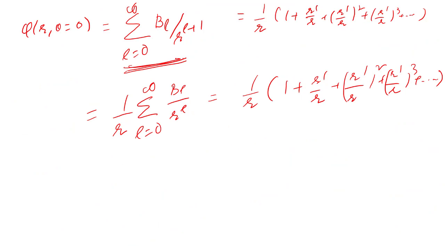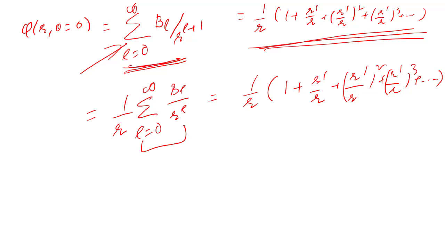When we apply the boundary condition on the general solution, we get that this term should be equal to the potential at theta equal to 0. And we derived this from just physical considerations by looking at the z-axis and doing a Taylor expansion. Then by comparing each term here, for L equal to 0, you would have B0 by r to the power 0, or just B0.